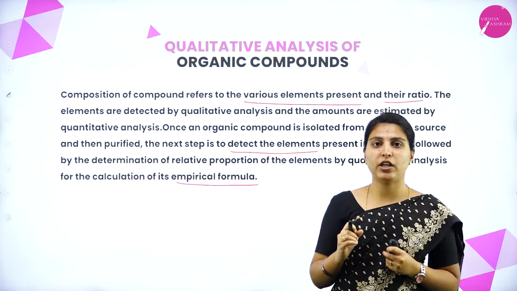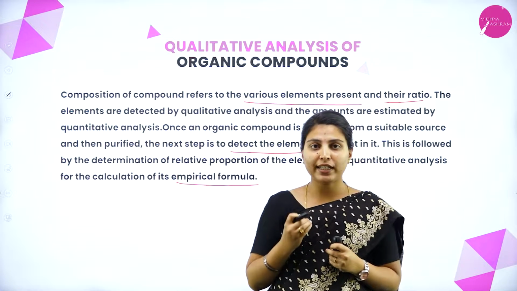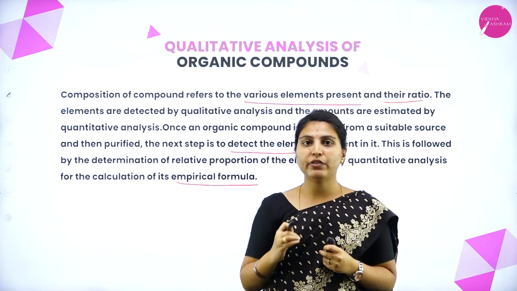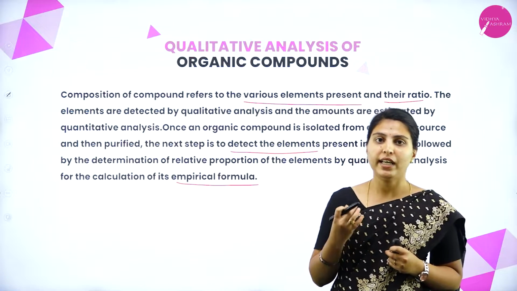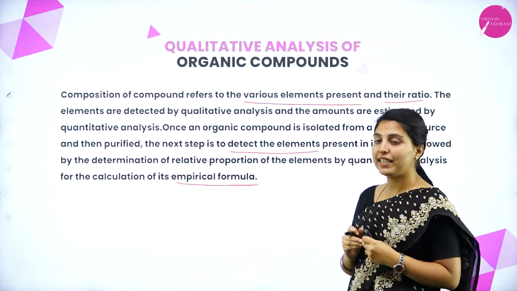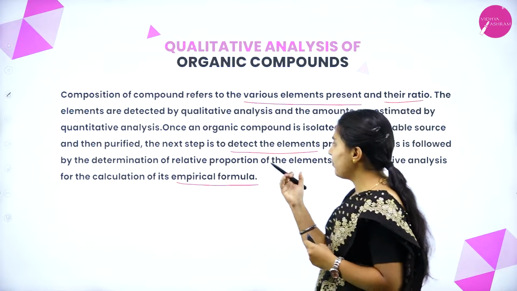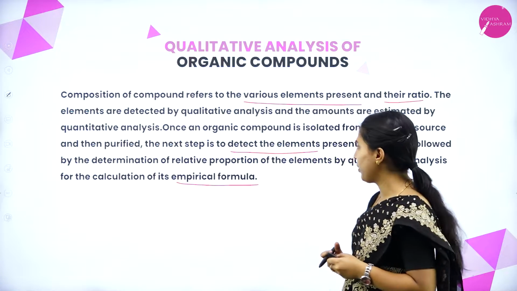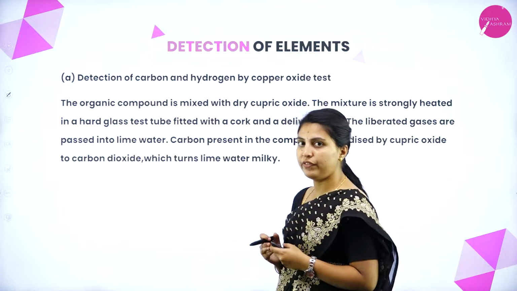That process is called detection of elements. For each individual element, there is an individual process to confirm that the element is present in that compound. This is followed by determination of the relative proportion of the elements. Next is detection of elements.